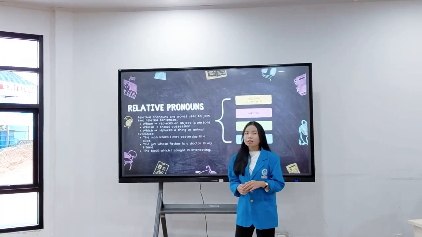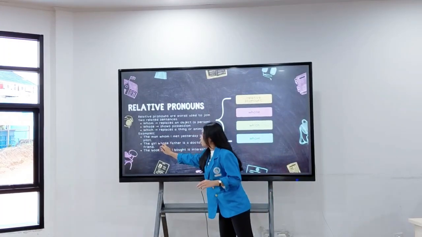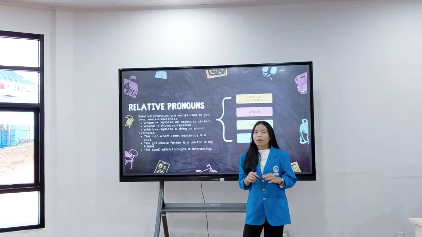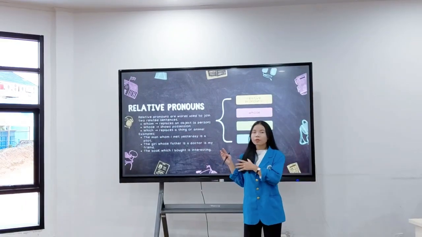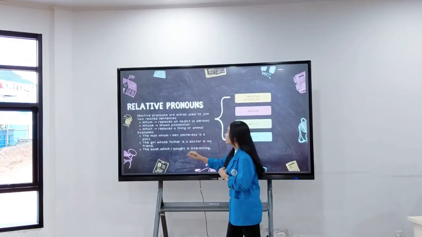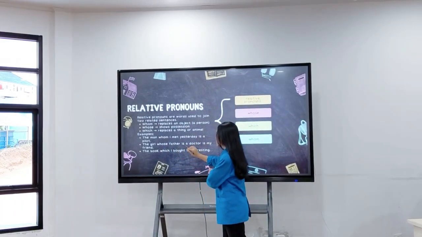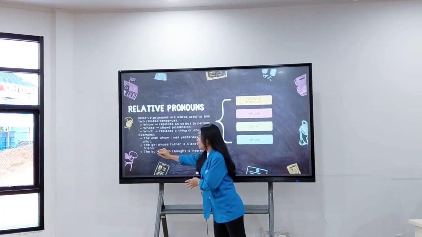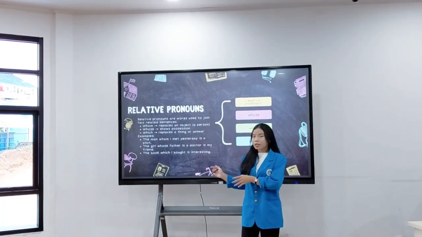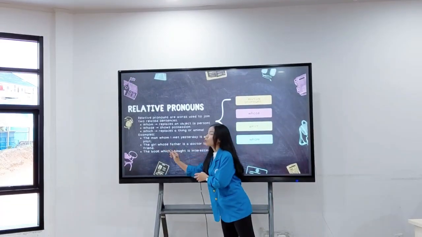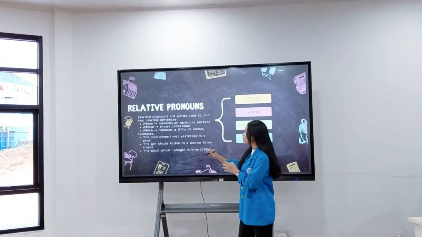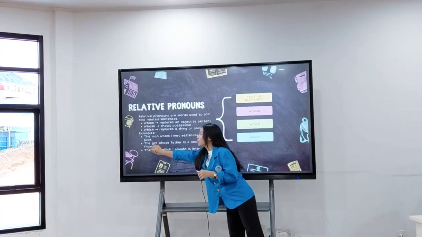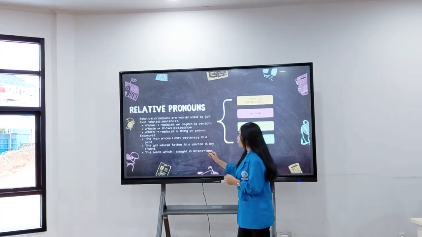And the second one is whose. We use whose to show possession or ownership. For example, the girl whose father is a doctor is my friend. In this sentence, whose shows a relationship between the girl and her father.